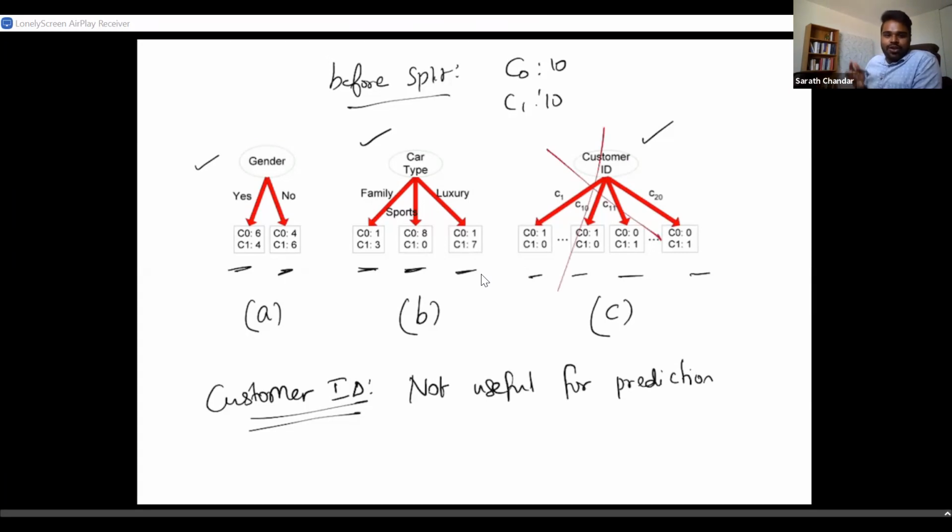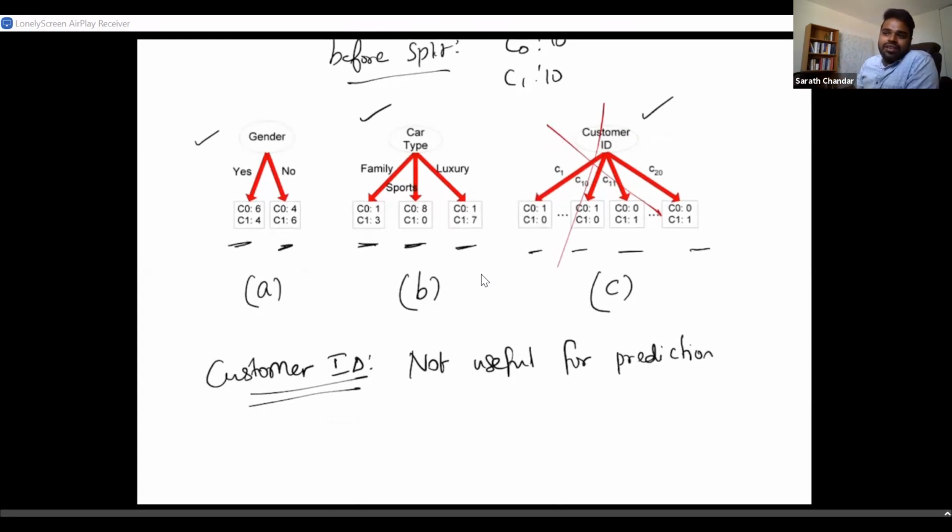Okay, so now we have A versus B. B is still the majority, but can someone who said A is the best possible split tell me why A is the best possible split? Why is gender the best possible split? You could either raise a hand or answer in the chat.